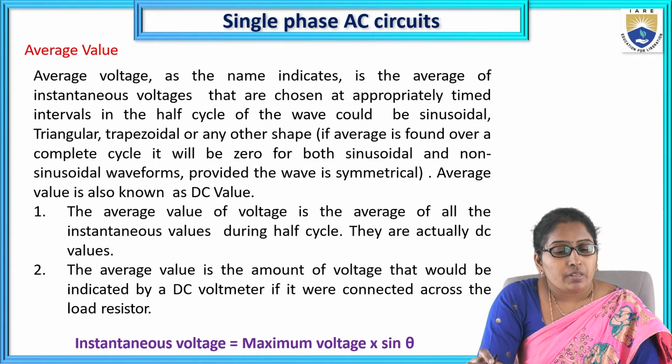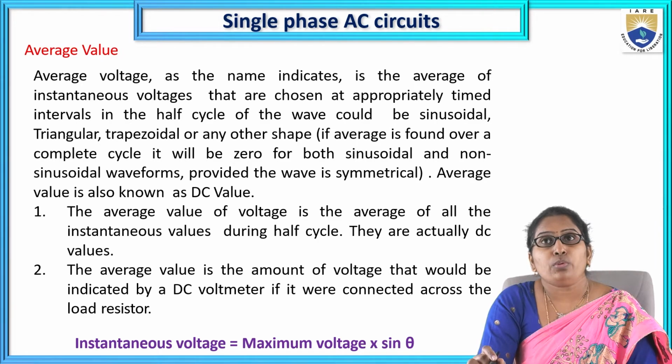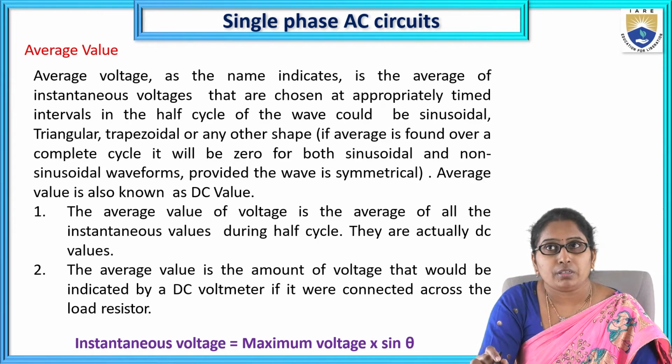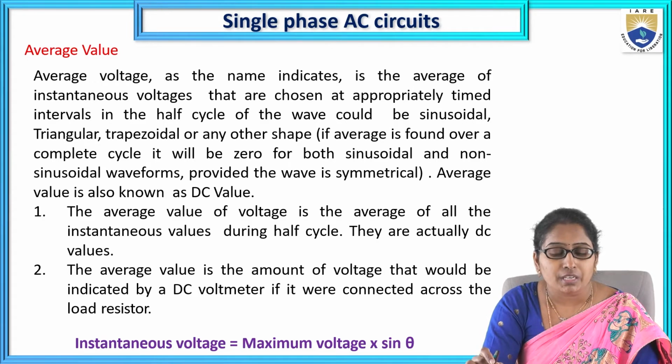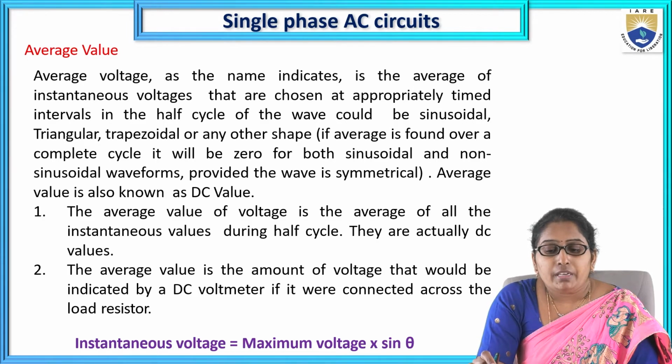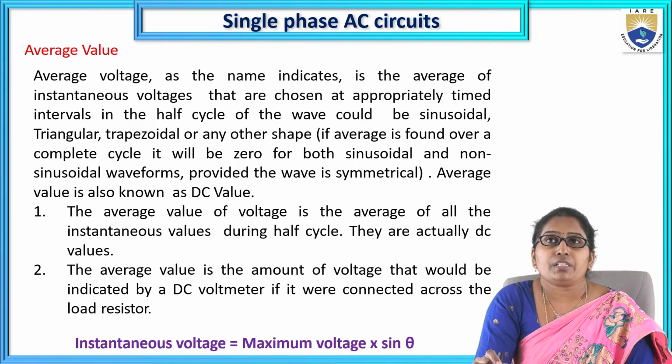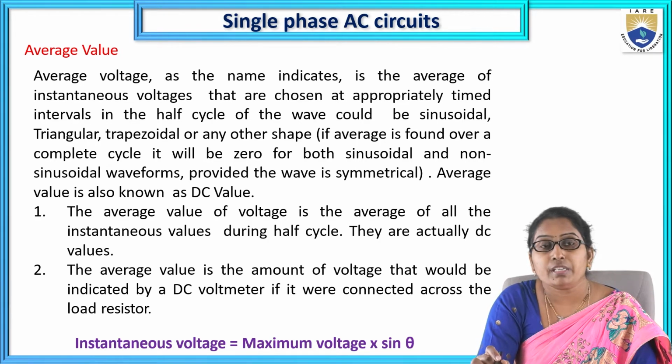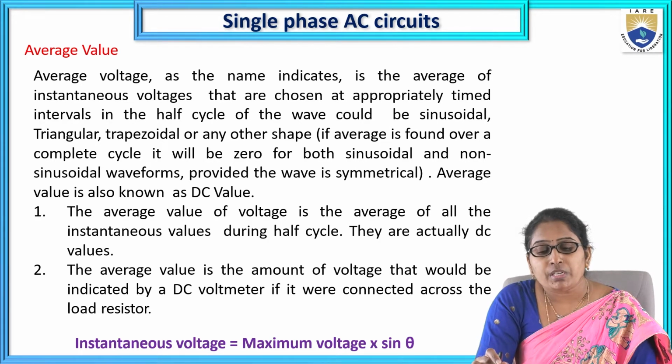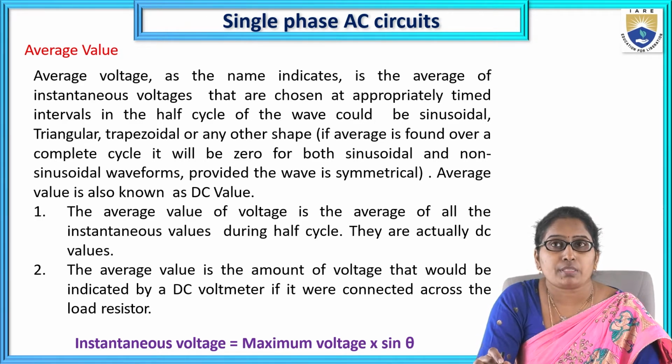Here, the average voltage indicates the average of instantaneous voltages that are chosen at appropriately timed intervals in the half cycle of the wave.